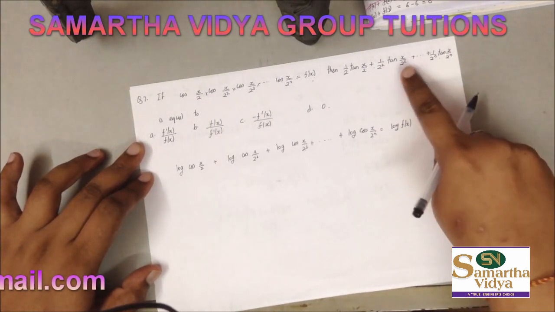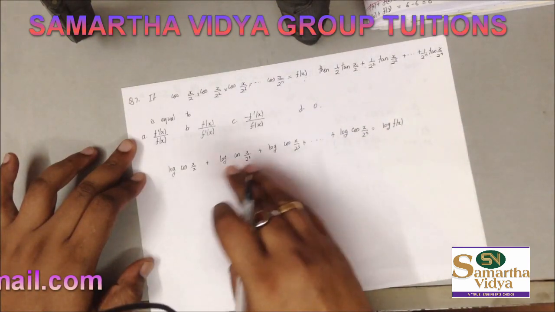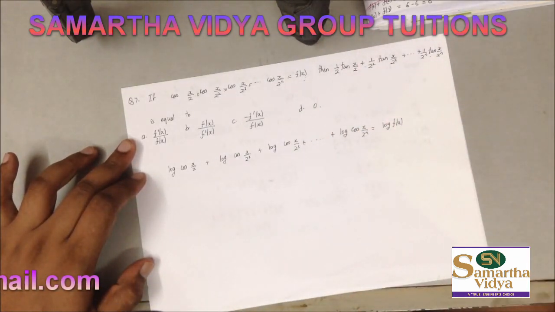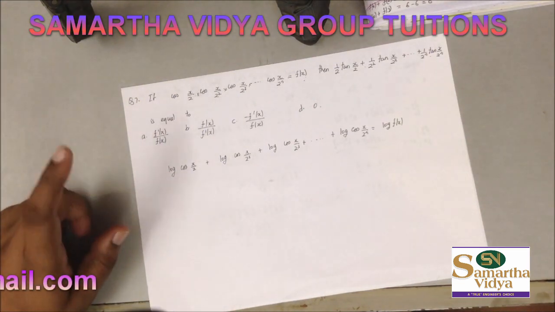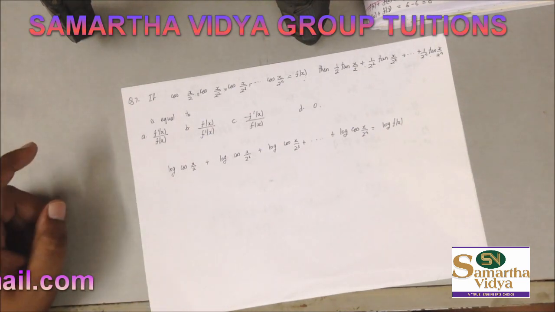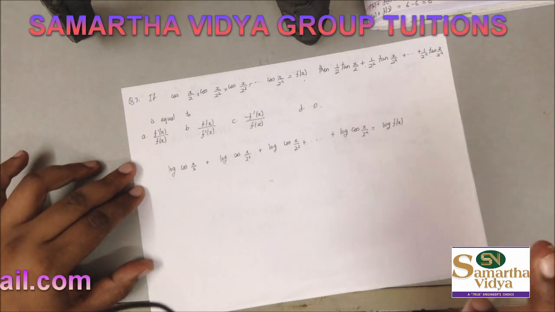Now I need to find this thing, that is tan. So now I basically don't have a log term over there, so I have to get rid of the log. So what I will do is, since you can see in the options, they have the f dash which is present. So that basically gives you an idea that we have to take the derivative of it.